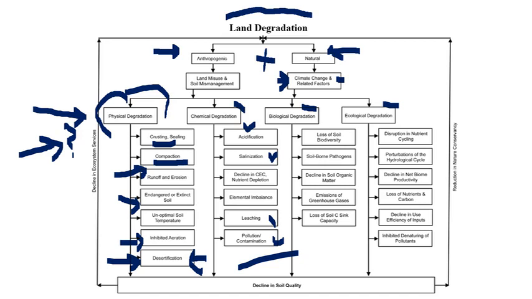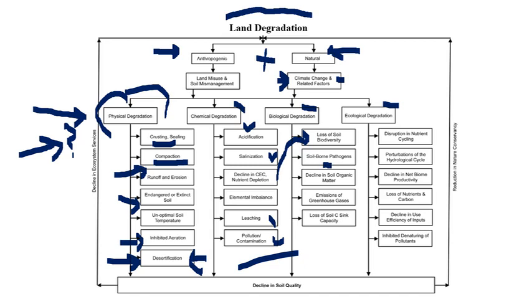Now, coming to biological degradation, that is loss of soil biodiversity. Now, this, for example, will lead to loss of biodiversity. Soil-borne pathogens, new pathogens may come, which may ultimately degrade the quality of the crops over there.